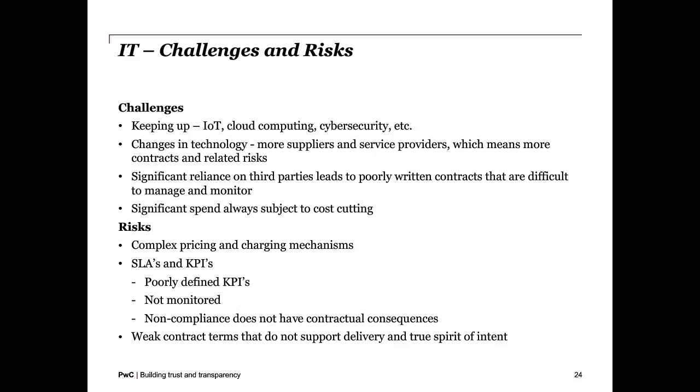It's just a huge level of complexity with IT arrangements. SLAs, service level agreements, and KPIs are extremely prevalent in the IT space, yet we find that some of them are poorly written. They're not necessarily monitored, or monitored on a frequent basis, and certainly there are non-compliance issues that come up.